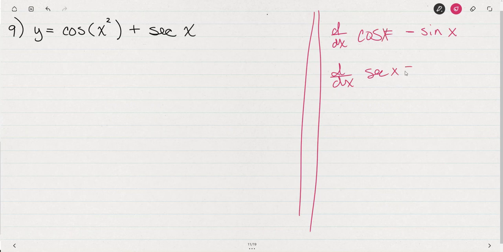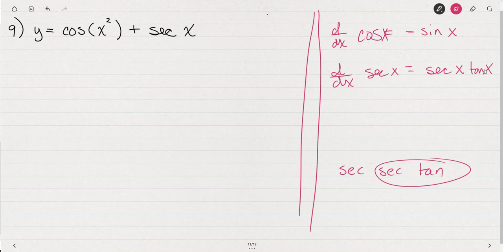If I say to myself secant, get in the habit of saying secant, tangent. Then the derivative of secant is secant tangent. So the derivative of secant x is secant x tangent x.